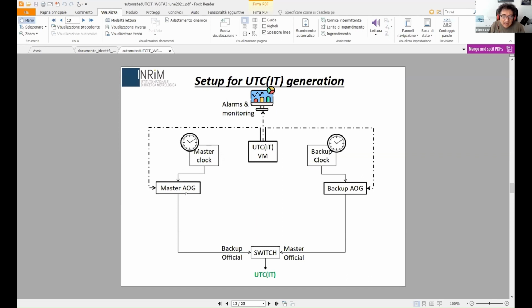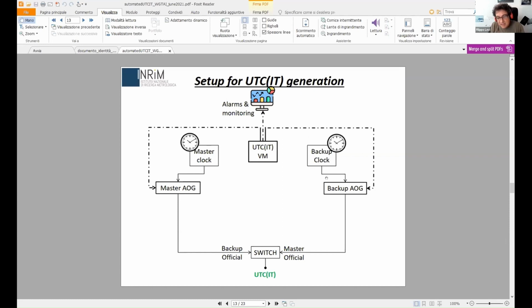And each clock is connected to an AOG, that is auxiliary offset generation. So basically it's just a high resolution synthesizer that takes as an input the clock frequency and generates the 10 megahertz with the proper offset, so that we are able to have an accurate frequency, and we are able to change the frequency if we need to.